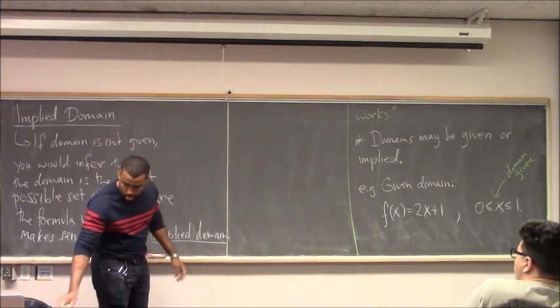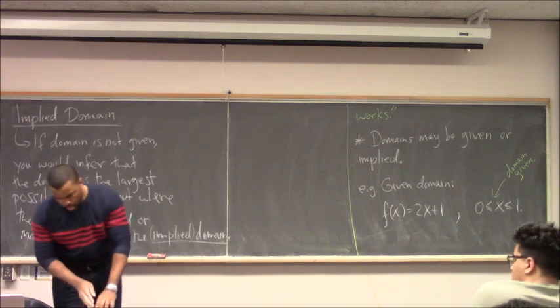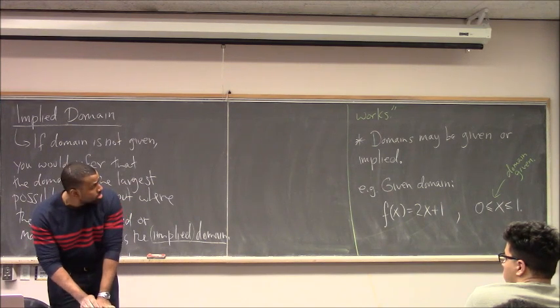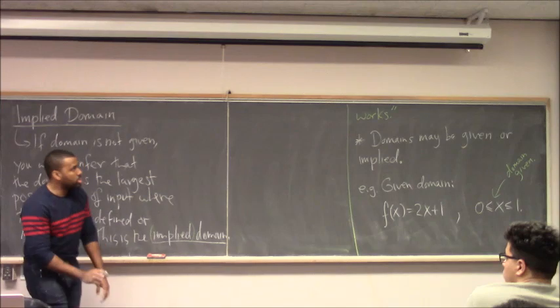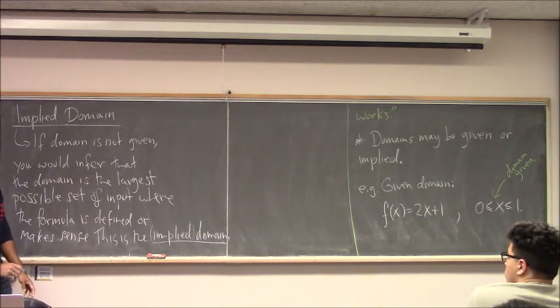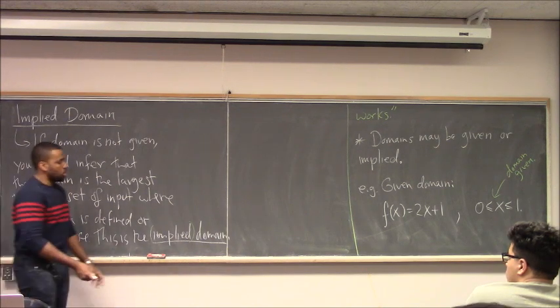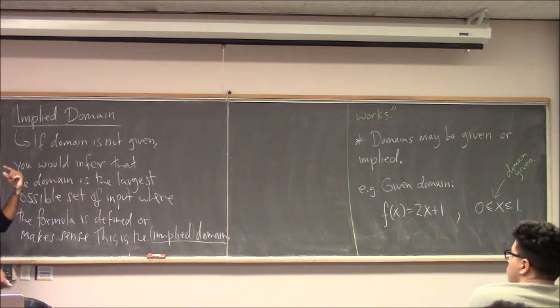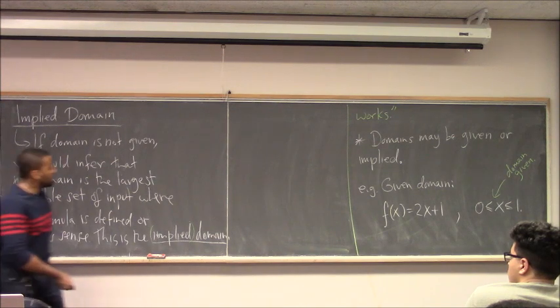And so for us, because we don't deal with complex numbers until you get to Math 391. I don't know why, we just don't. So in algebra, pre-calc, calc 1, calc 2, calc 3, you're always assuming that you're dealing with real valued functions or functions of a real variable, which means your implied domain, you're always going to want to think about it as the largest set of real numbers that can be plugged in.